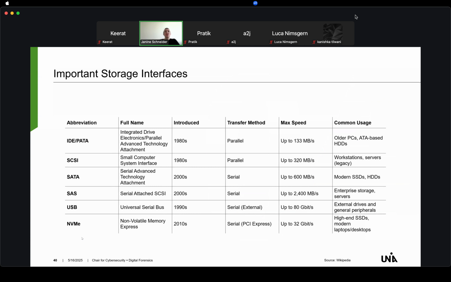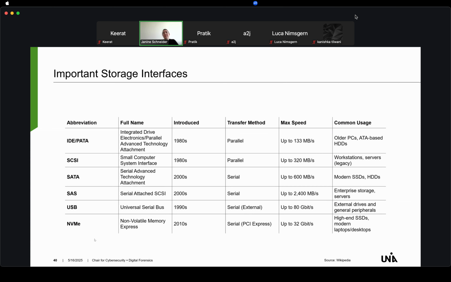Okay, so storage interfaces. There are a lot of storage interfaces out there, so we will only talk about the most important ones. I already told you that ATA is a standard communication protocol. So many of these interfaces use the ATA protocol.